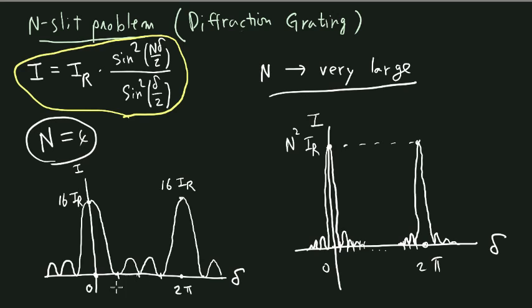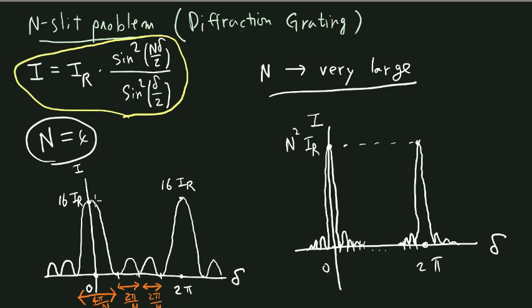And then if you look at the distance between the two minima that flank a maximum, here the width is that, and then here the width is that, right? So that's actually 2 pi over n, but here that width is actually twice that, 4 pi over n. So that's the generic feature of this n-slit problem solution.